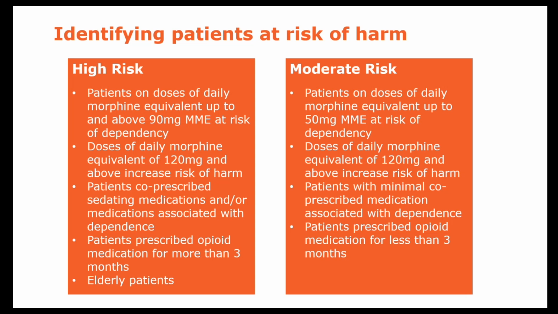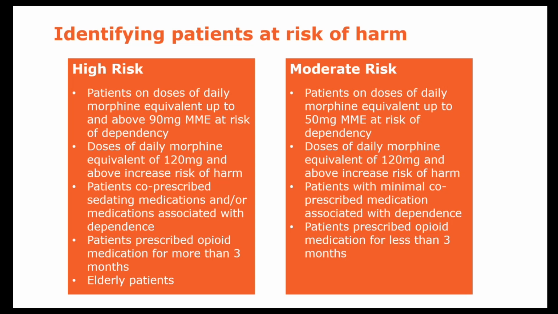harm. So patients who are co-prescribed sedating medications and or medications associated with dependence, patients who are prescribed opioid medications for more than 3 months, and elderly patients. All of those are identified that could potentially put them in that high risk category.